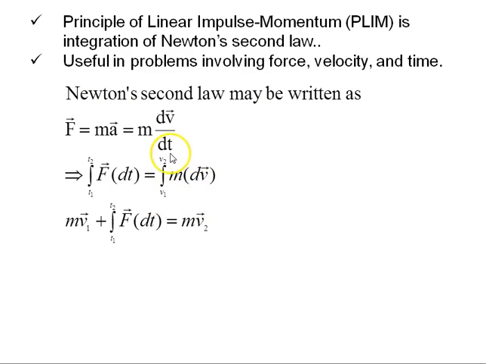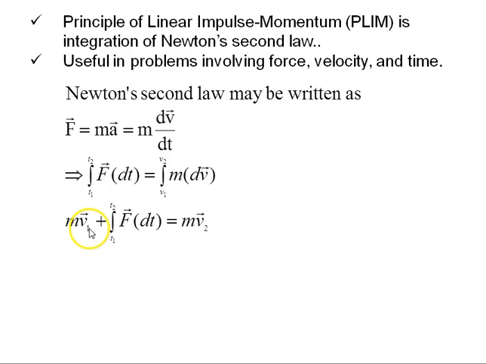So what we have on the right hand side is m multiplied by (v2 minus v1). That is mv2 minus mv1. We take that minus mv1 onto the other side of the equal to sign and write the equation as shown over here. This equation is what is termed as the principle of linear impulse momentum.